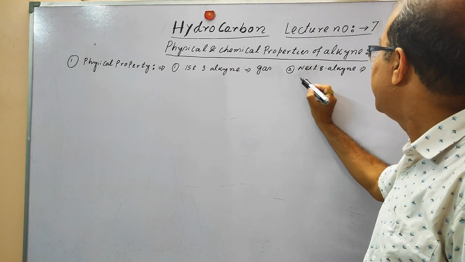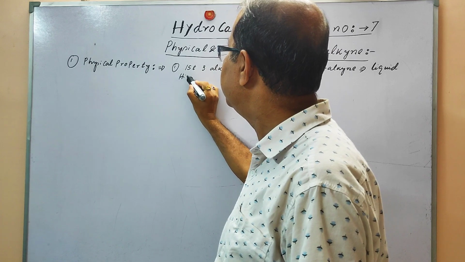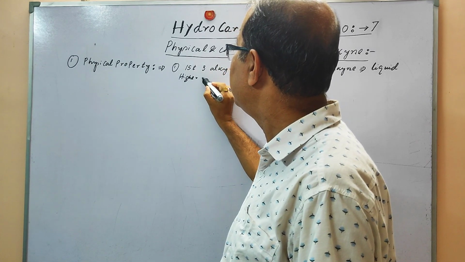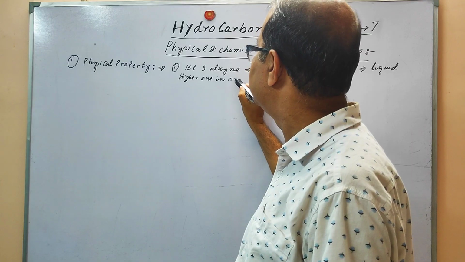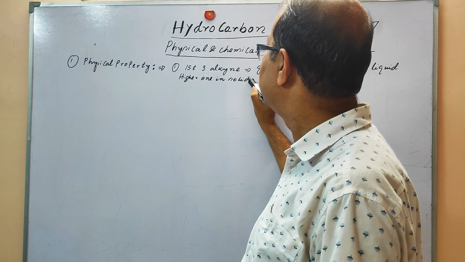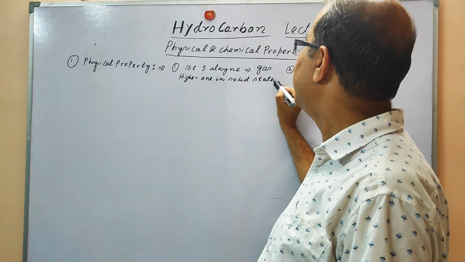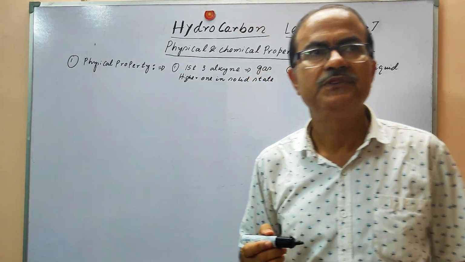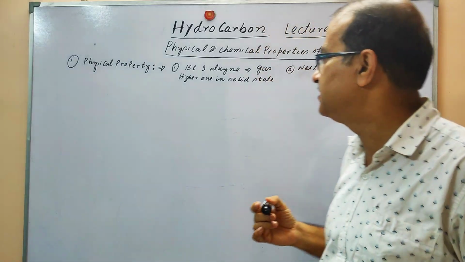And the higher ones you can write in the solid state. So this hydrocarbon, that is alkyne, basically exists in the three states of matter.